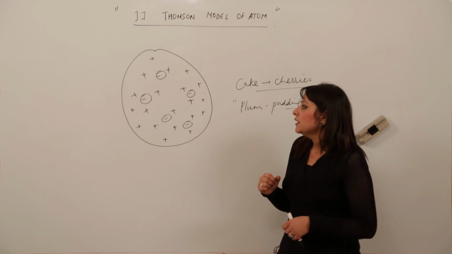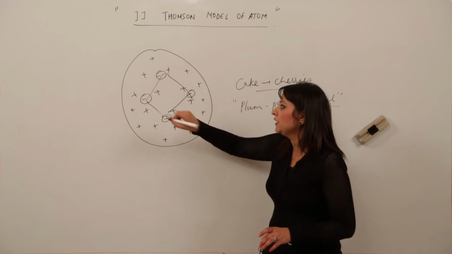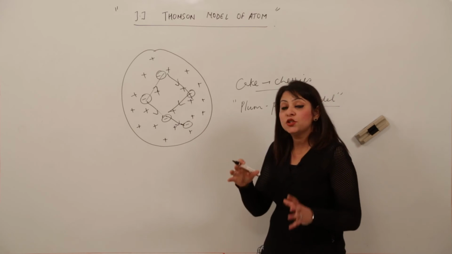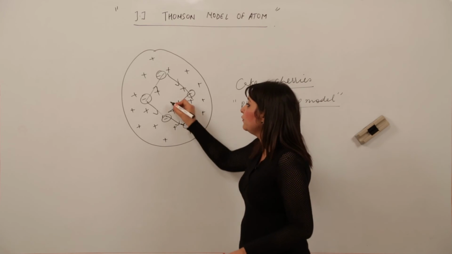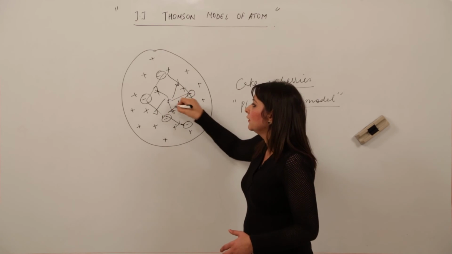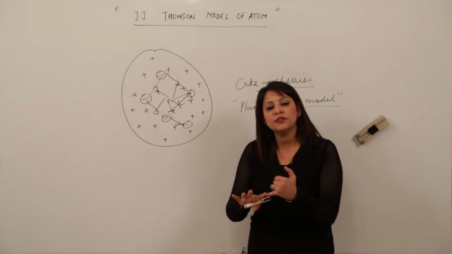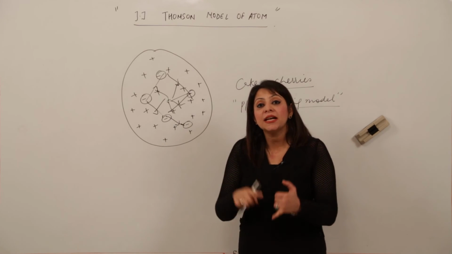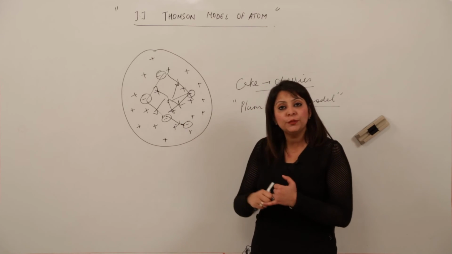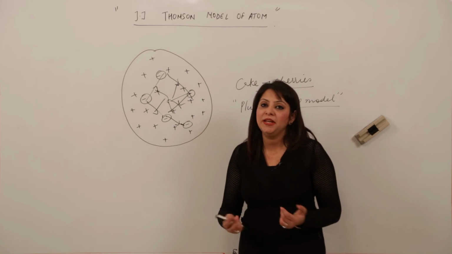But he said that the repulsive forces between the negative charges are just balanced by the attractive forces which they are experiencing from the center of the atom. So he said because these forces are balanced, the repulsive forces between electrons and the attractive forces which the electrons experience from the center are actually balanced, and that is why these electrons remain scattered.